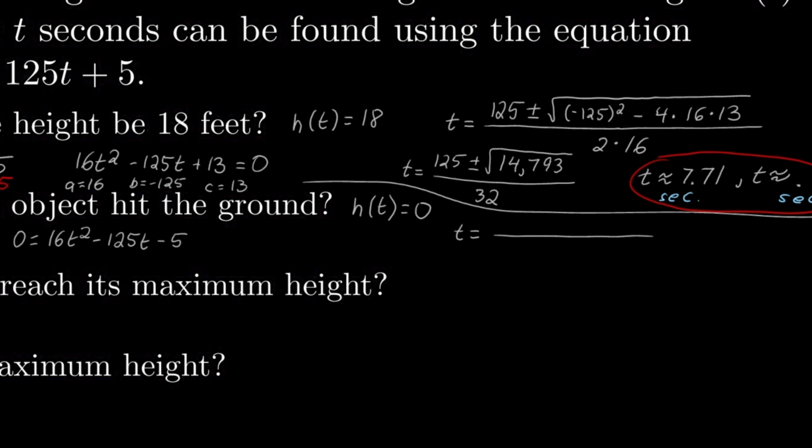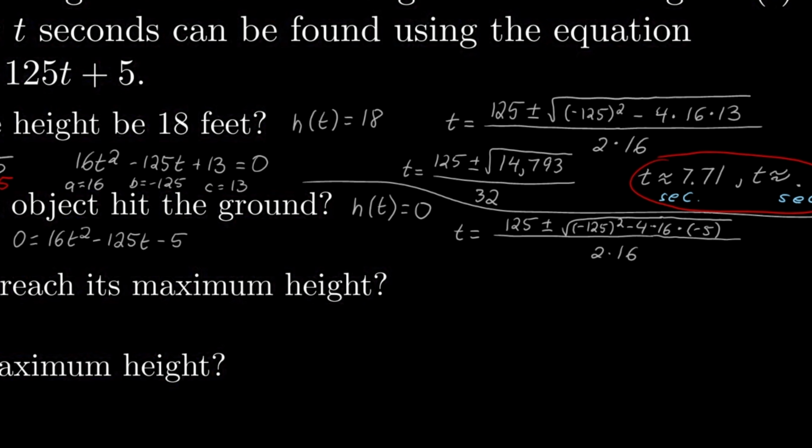In this case, it will be positive 125, since b itself is negative, plus or minus the square root of, now b squared is the negative 125 squared, minus 4 times a, so minus 4 times 16, and times c, negative 5. All over 2 times 16 as in part A.